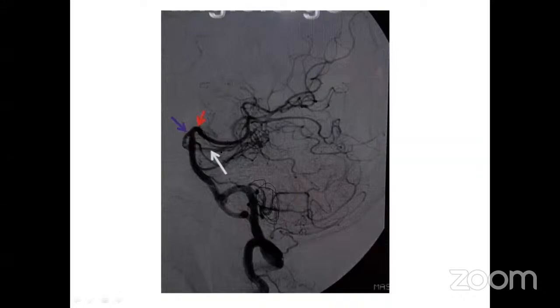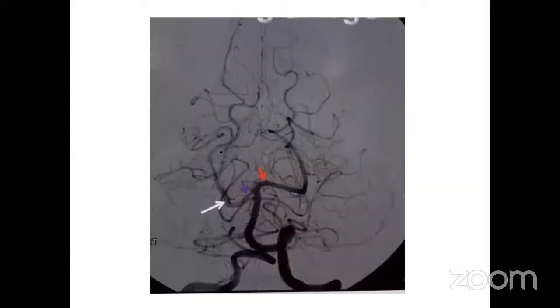So now, can we go to the anterior images? Do you also have that oblique image?